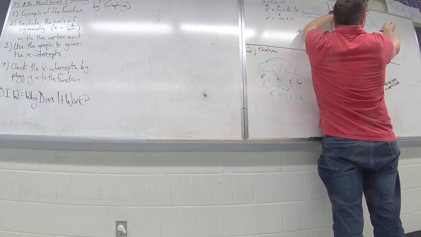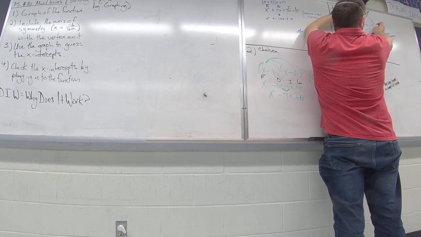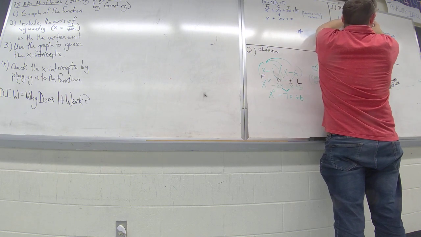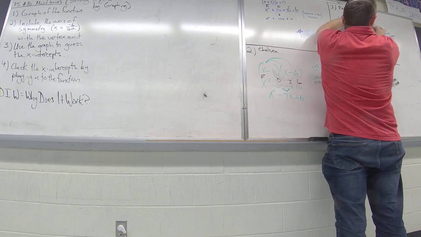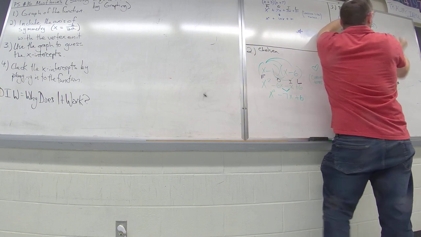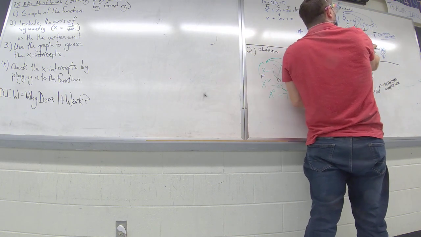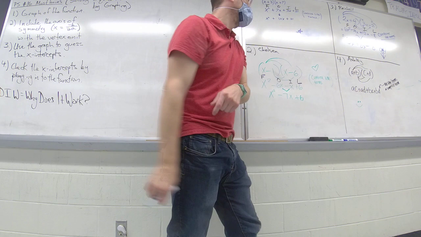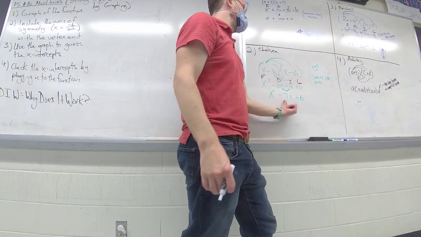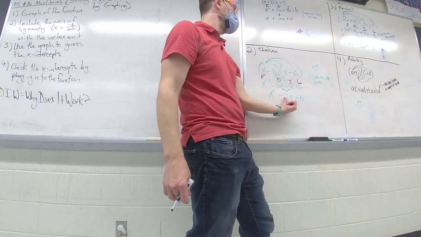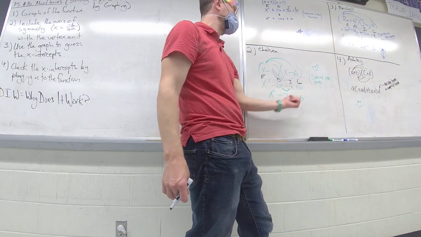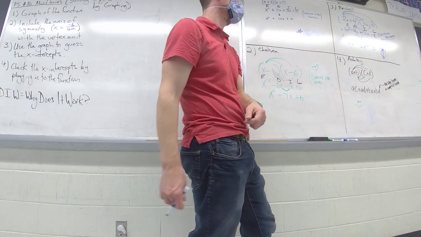Then the outer terms she did 2x times negative 2x. The inner terms 4 times 3x to get 12x. And the last terms 4 times negative 2 to get negative 8. And then combine like terms, negative 4x plus 12x. And Chelsea also, I forgot to mention, combined her like terms, negative 6x minus x is negative 7x.